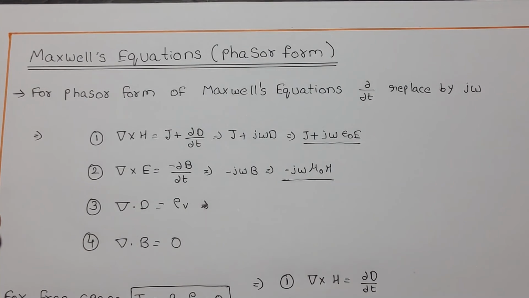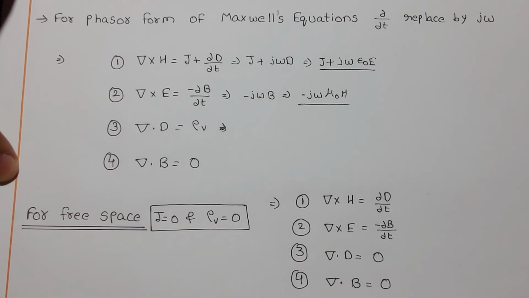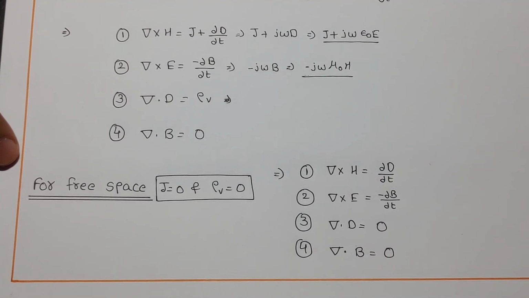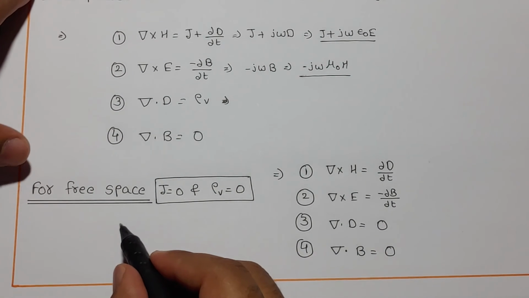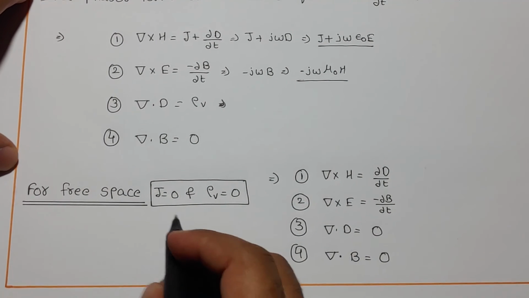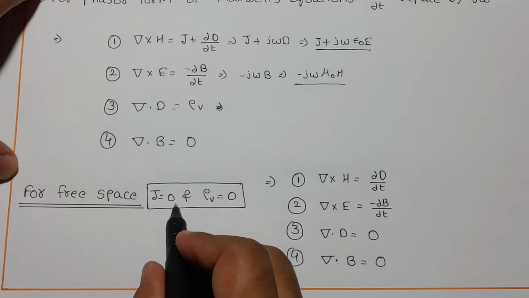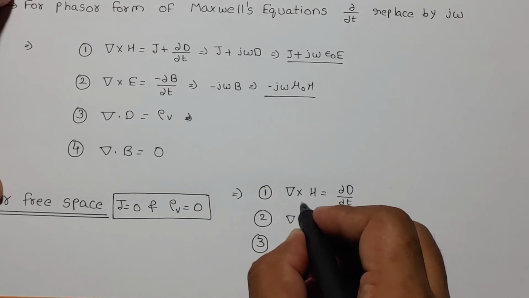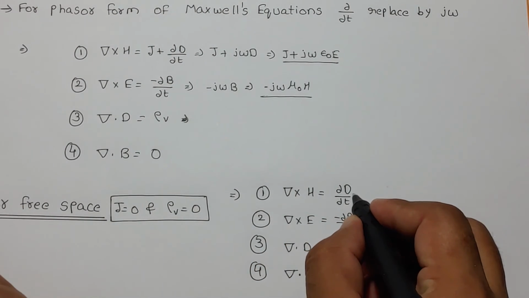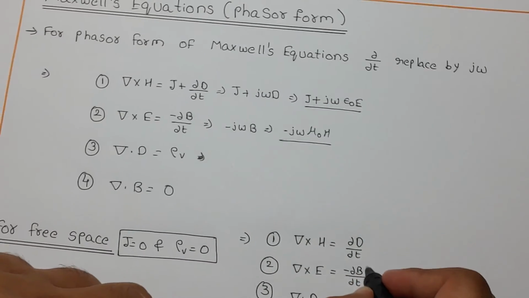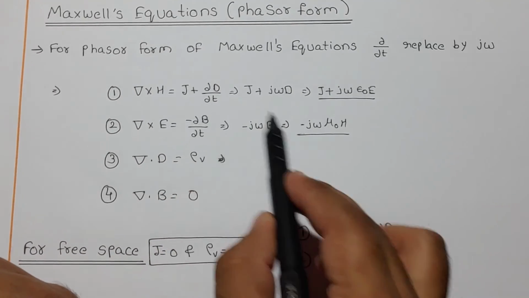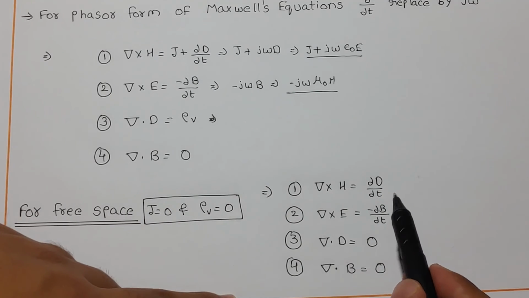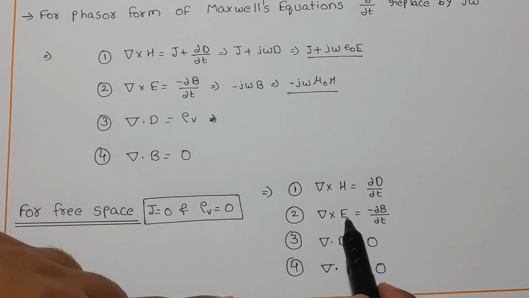Now let us look at free space. For the Maxwell equations in free space, replace J is equal to 0 and rho v by 0. That is, del cross H is equal to dou D by dou t, where J is equal to 0, and del cross E is equal to minus dou B by dou t.